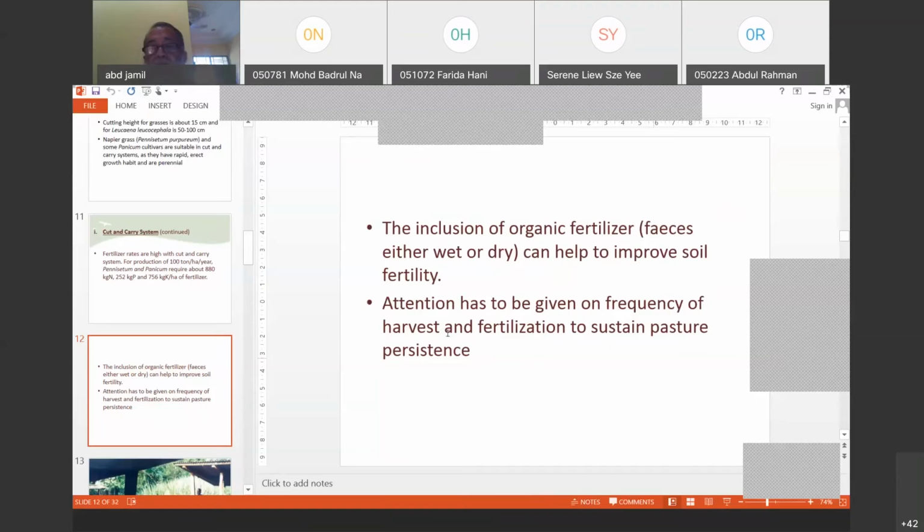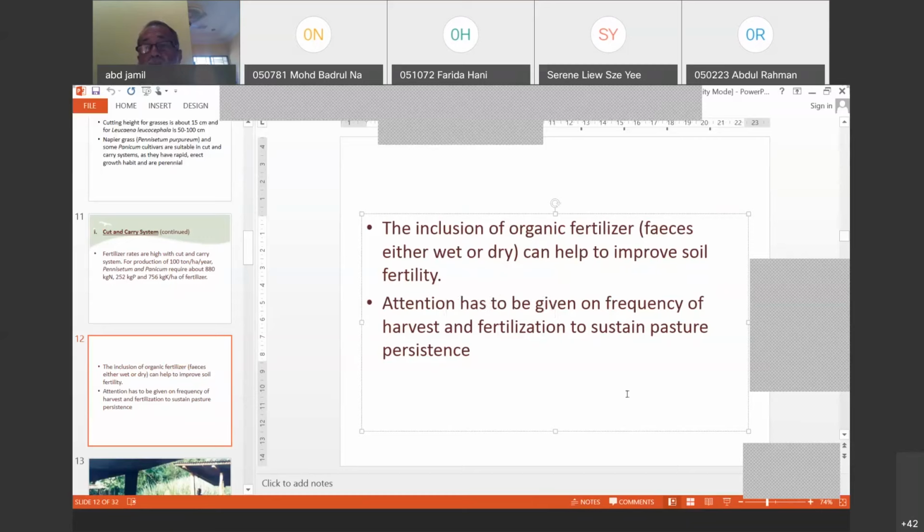The frequency of harvest will depend on the size of the plant or the supply. When the supply is very low, you may have to harvest more frequently. For example, during drought season, the grasses are not growing very well due to lack of water, so you need more grasses and the frequency is higher.